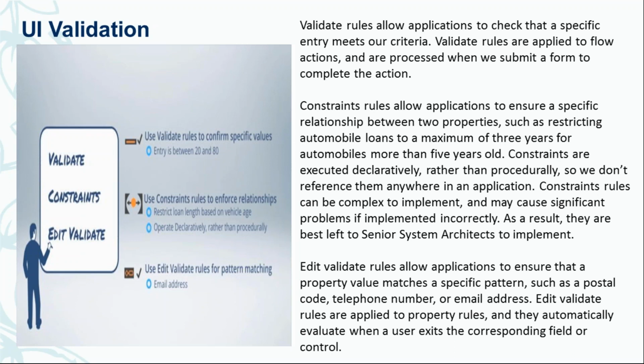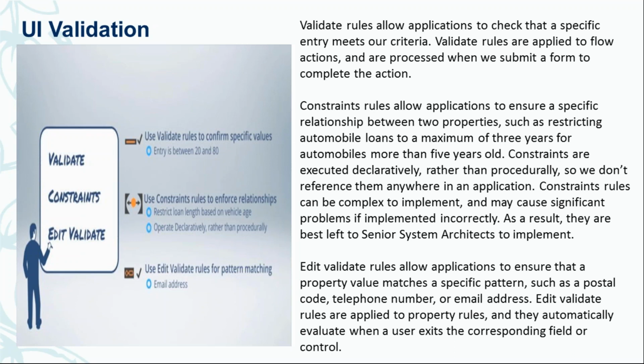The difference between executing a rule as declarative or procedural is that in procedure, we need to define it and then reference it where we want to use it. In case of declarative, we define it once, and whenever it is referenced, Pega automatically takes care of all the calculation and value.